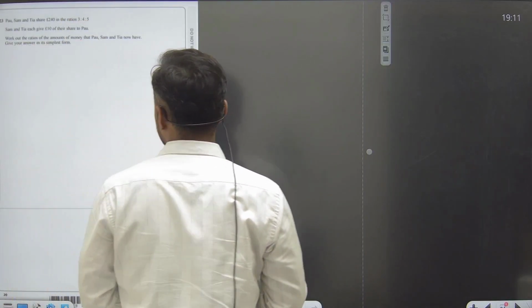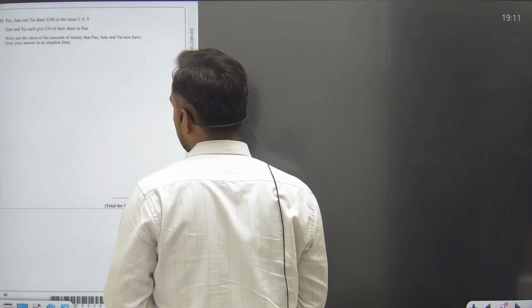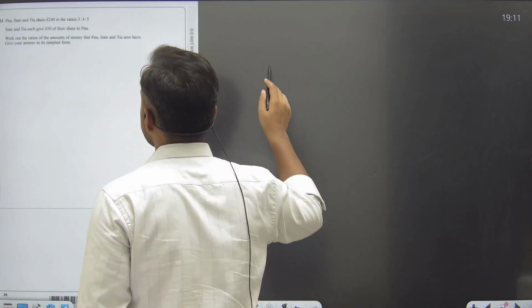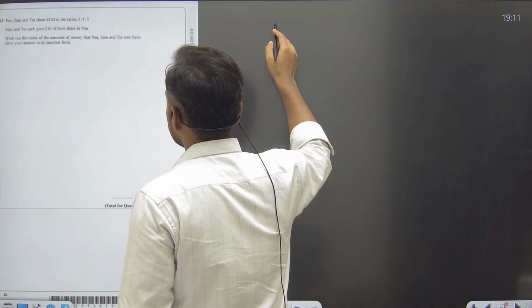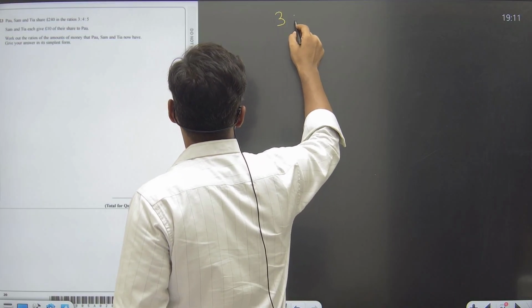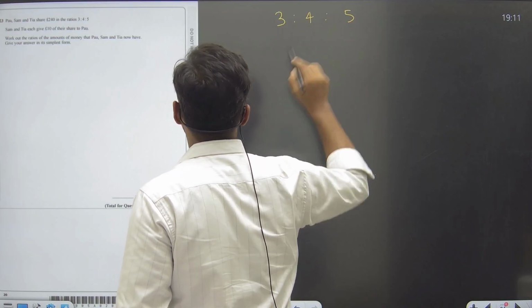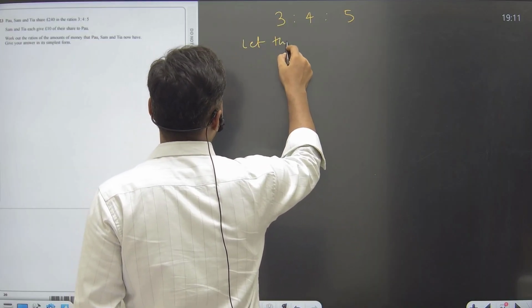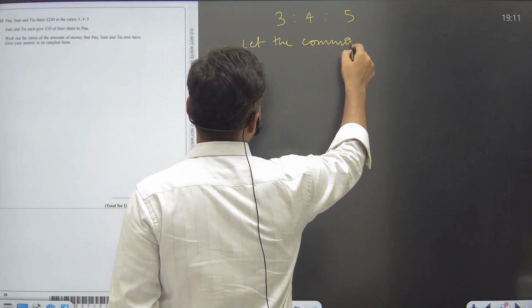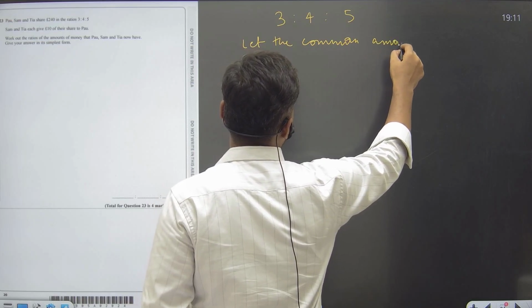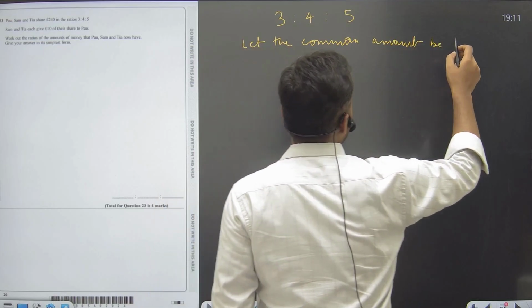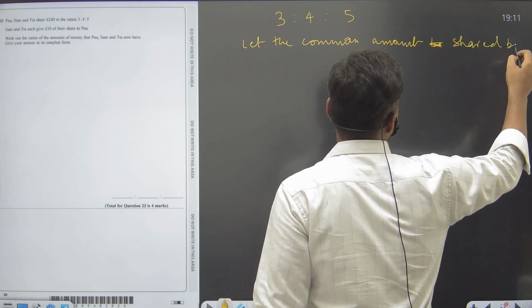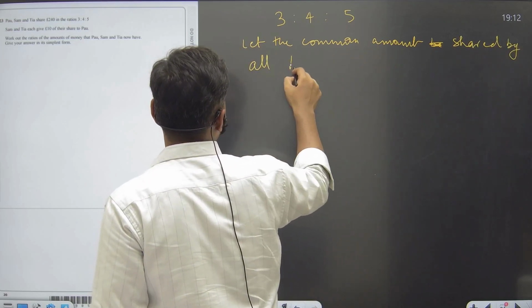Sam and Tia each give euro 10 of their share to Pao. See, students, the ratio here is 3, 4 and 5. Okay. So let the common amount shared by all be x.